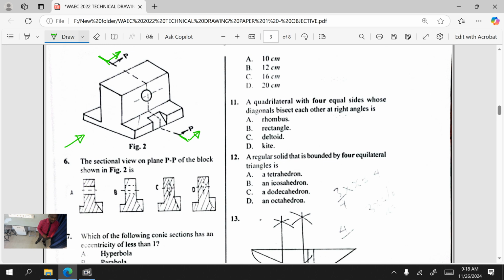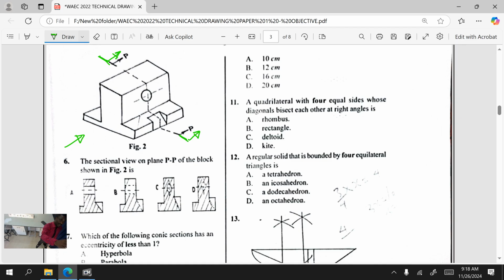So the sectional view on plane PP of the block shown in figure 2 is, this is a full sectioning. It's cut entirely through the object. So how do we know the part that is cut? Just take note of the part of the object that is cut. And take note, only the part where the material of the object is that we section.